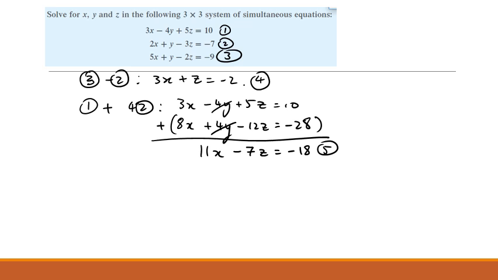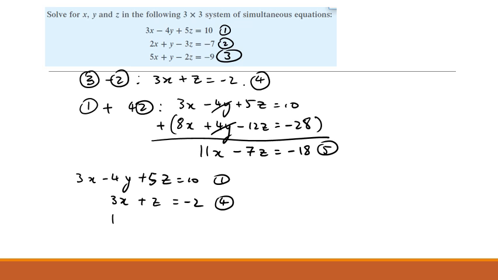Now if I write all of these equations out in a line, we have 3x minus 4y plus 5z equals 10. That was our first equation. We have 3x plus z equals -2, our fourth equation.